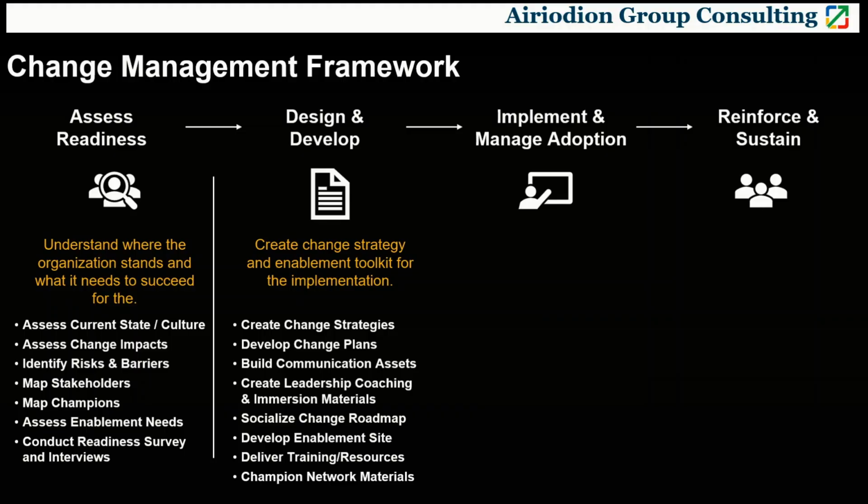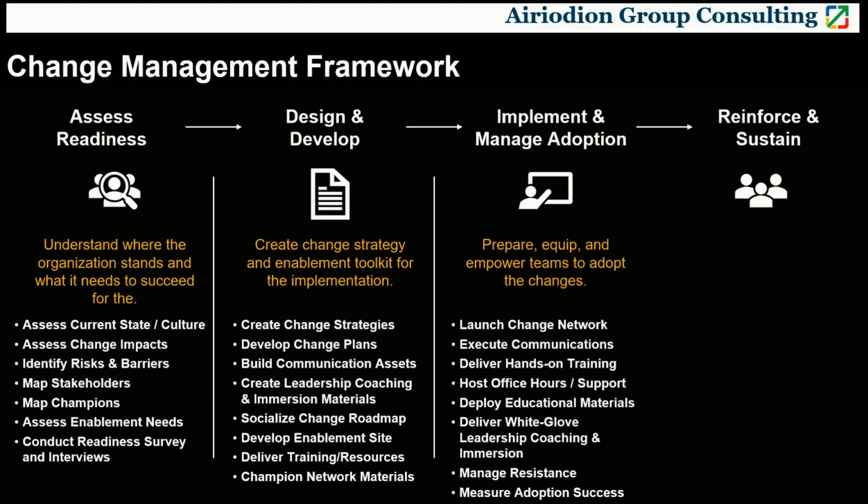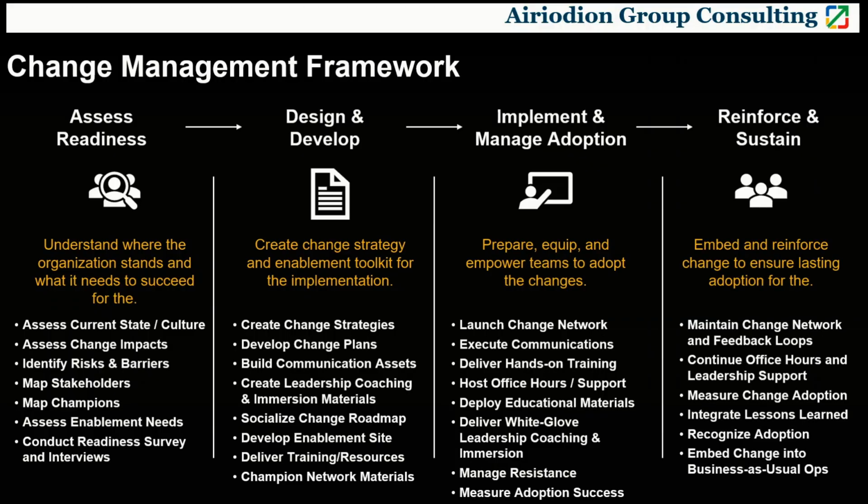And then the implement phase is where I launch the Change Champion Network. I deliver the detailed communications. I provide hands-on training. I conduct office hours. I do leadership coaching and manage resistance, and I also track adoption. And then the final phase is where we sustain and reinforce the change.